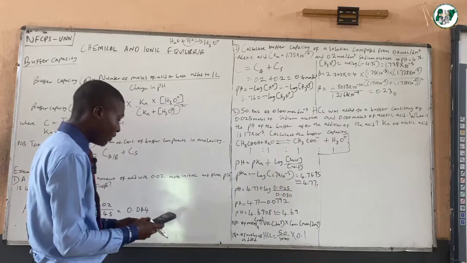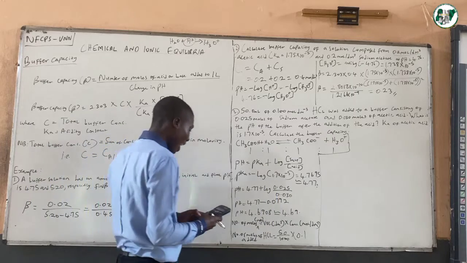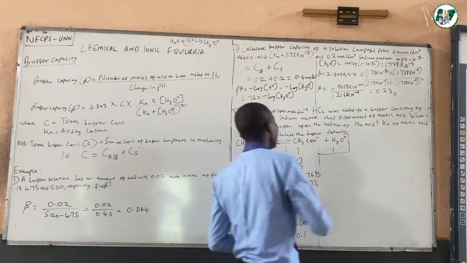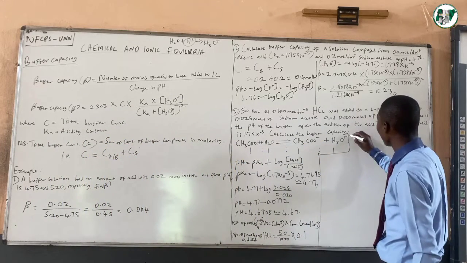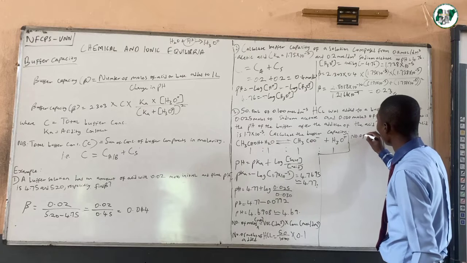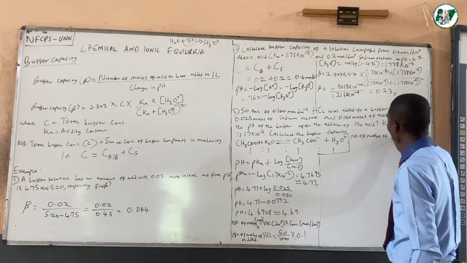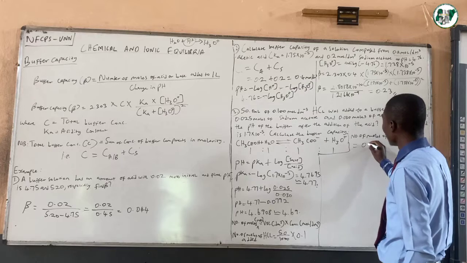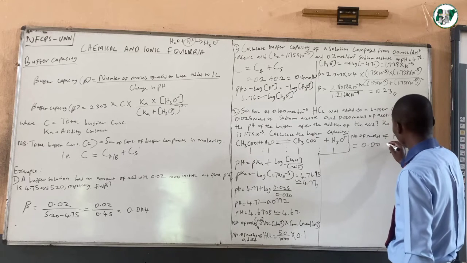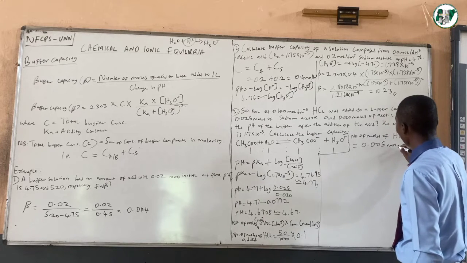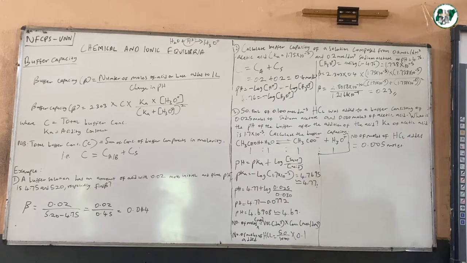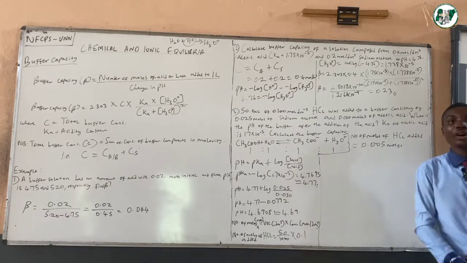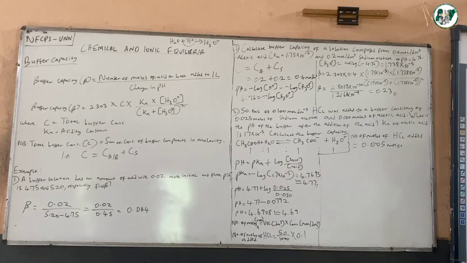That's going to give us 0.005 moles of HCl added.